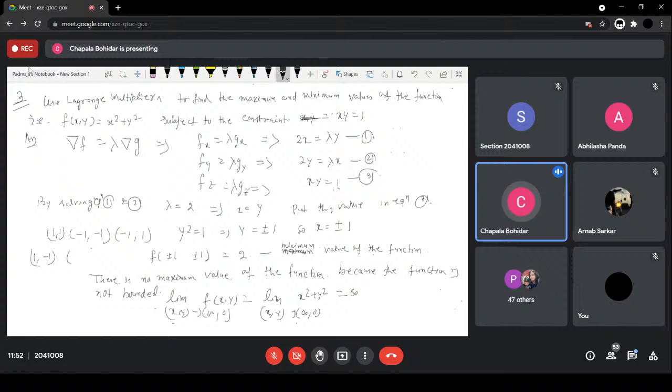That's why here there is only the minimum value, that is 2. The question asks for the extreme value; we only find the minimum value and there is no maximum value because it is not bounded.